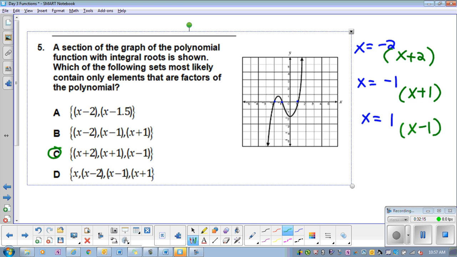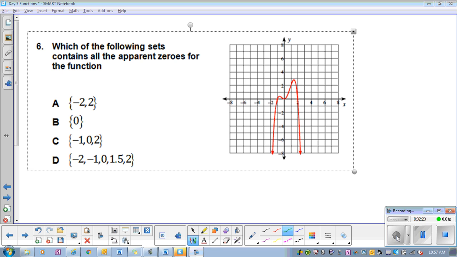Questions? All right. How about this one? Which of the following sets contains all the apparent zeros for this function? Label your zeros. What are they? You have one at -1, and 2, and 1.